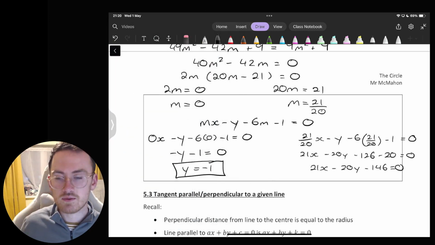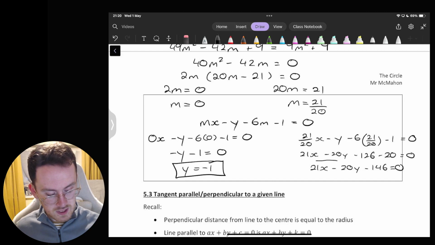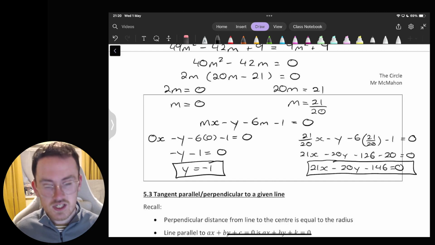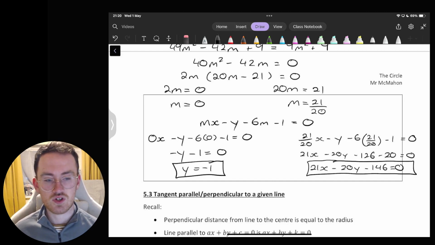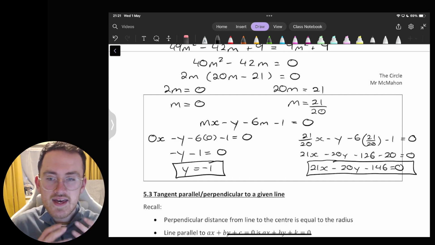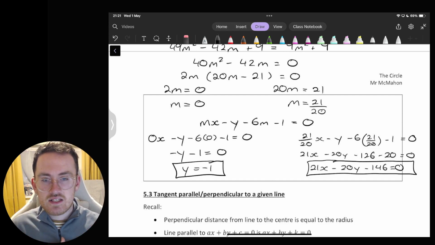So I have two possible equations of the line, one being y equals minus 1, and the other being 21x minus 20y minus 146 equals 0.